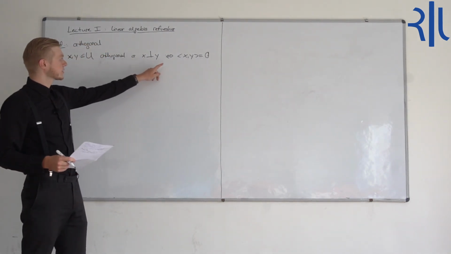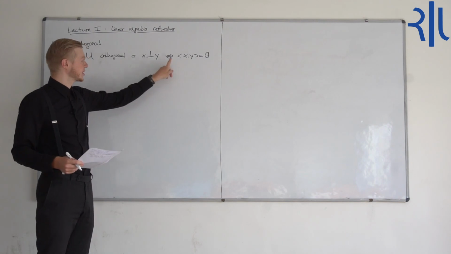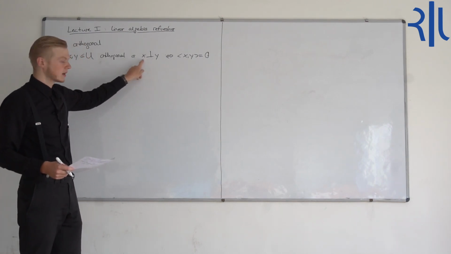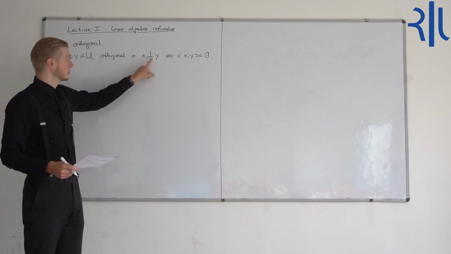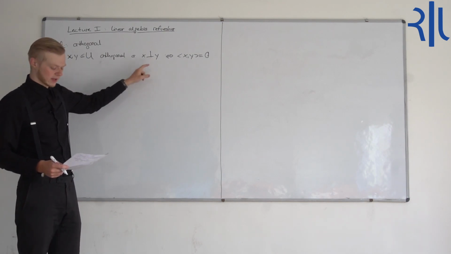If the scalar product between the two vectors is equal to 0, that means by definition that the vectors are orthogonal to each other. And we write that like that.